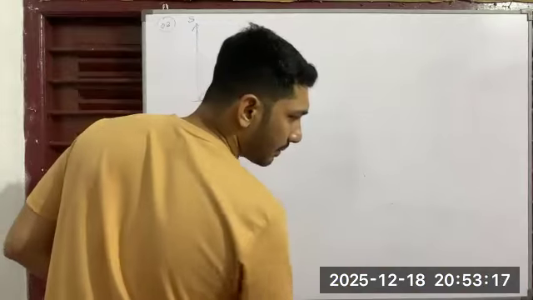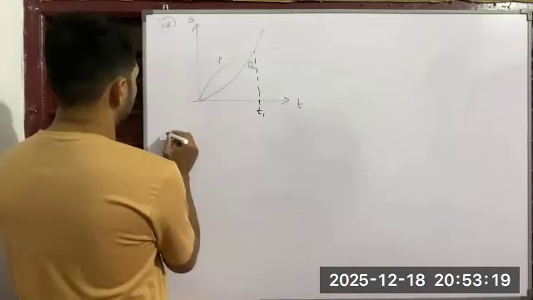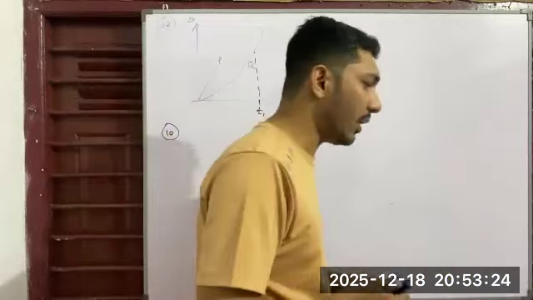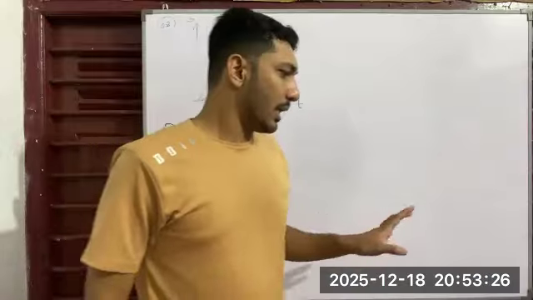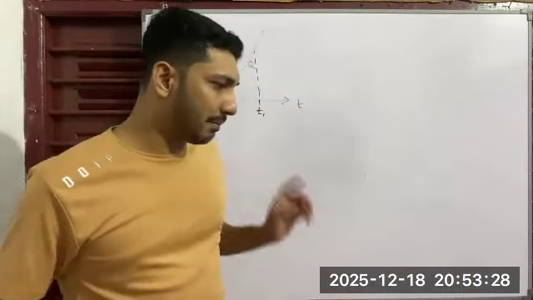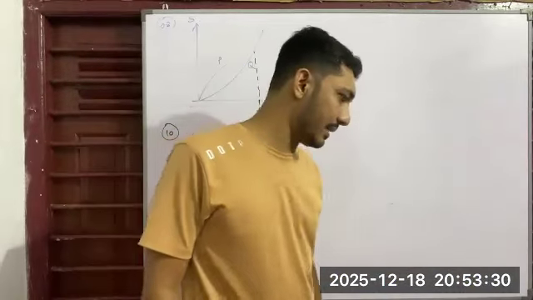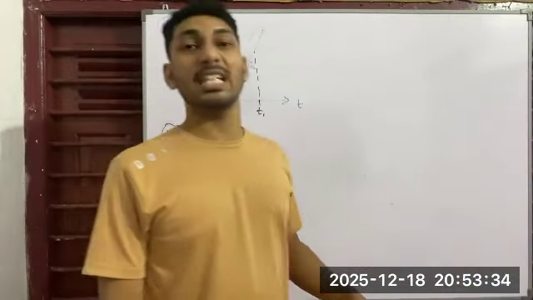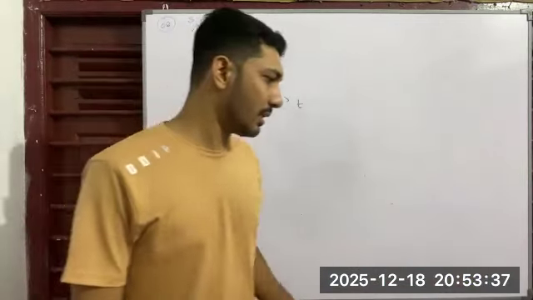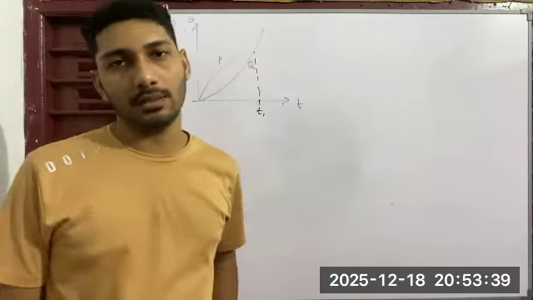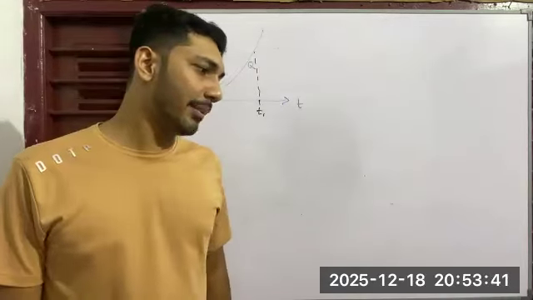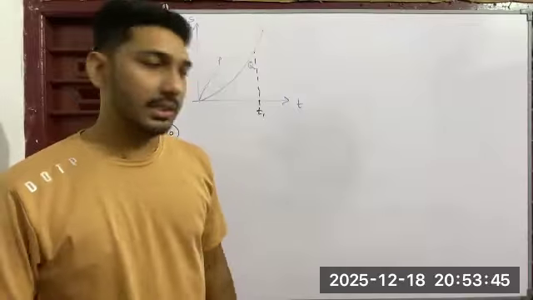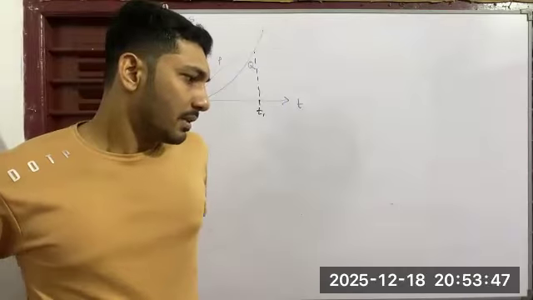Question number 10. A ball is released from a point above the horizontal floor, collides with the floor, bounces and rises again. Which of the following graphs correctly shows the variation of the speed? In a speed time graph, speed will not come in the negative, so the fourth answer is not correct.